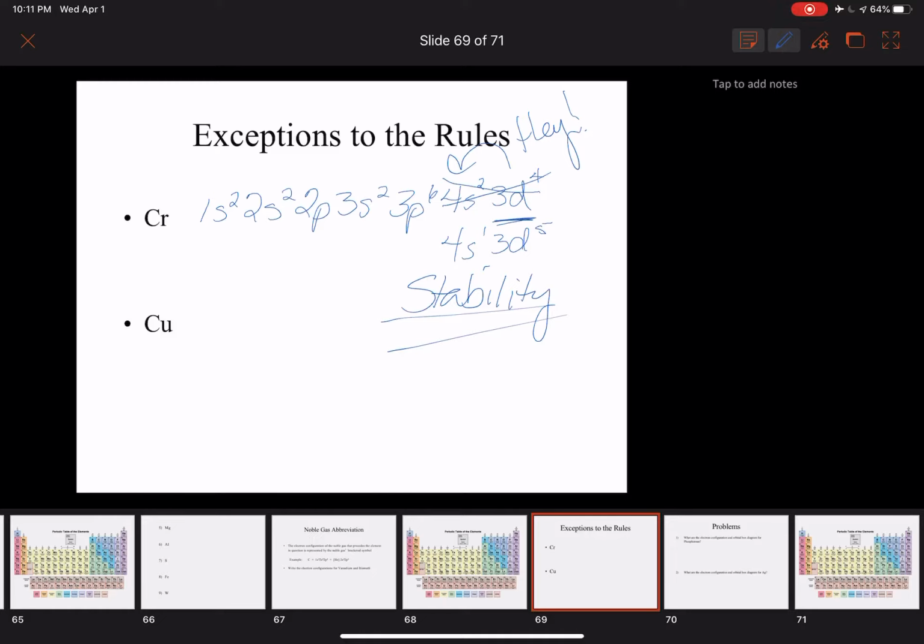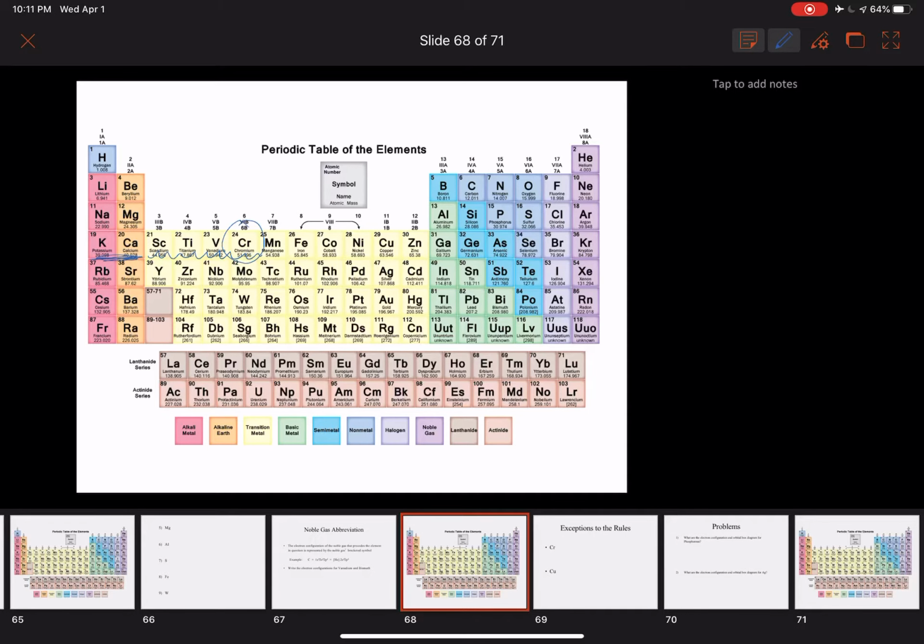Now, if we were to do the noble gas abbreviation for chromium, we would follow the rules, and we would back up to the previous noble gas. All the noble gases here are going to end in p6. Helium up here is going to end in s2.